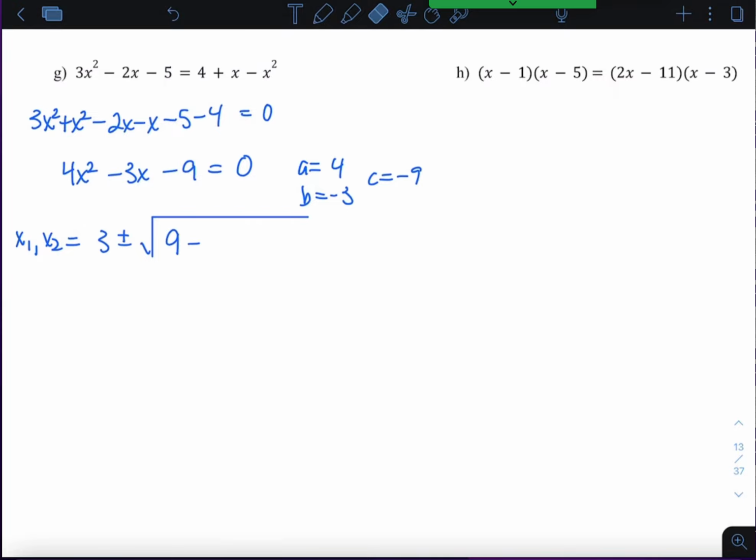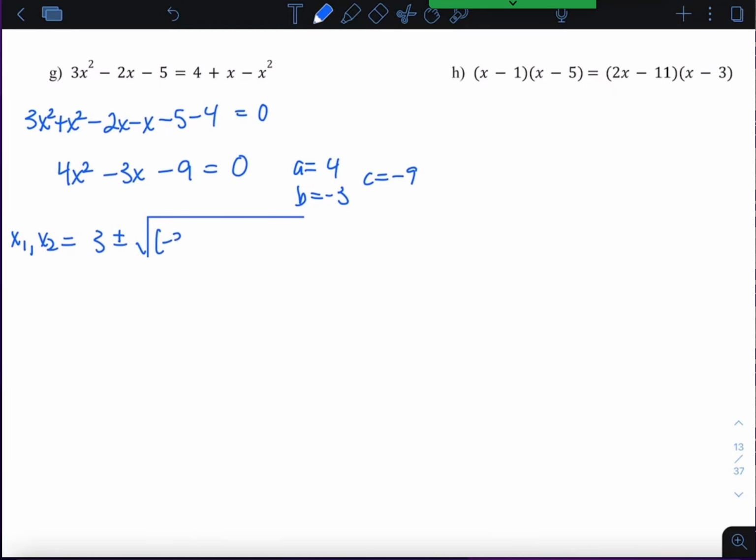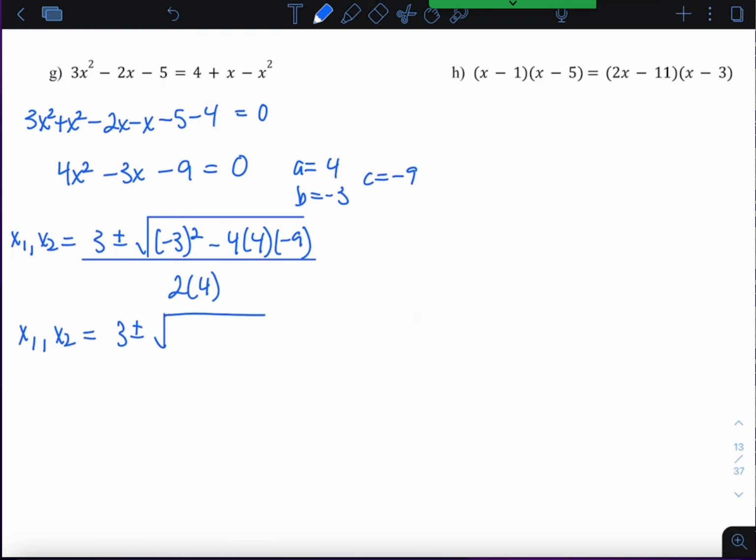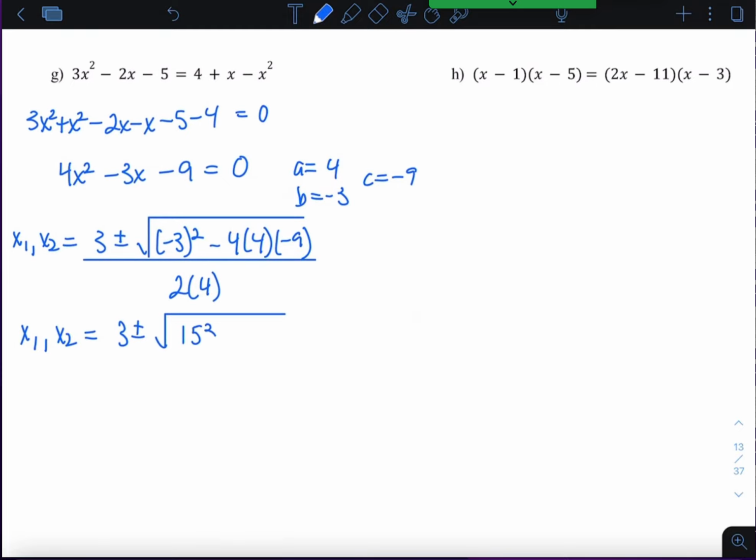Remember, this is negative 3 in brackets, all squared, minus 4ac over 2a. x1, x2 is 3 plus or minus the square root of 9 plus 4 times 4 times 9, which is 144. So I get the square root of 153 over 8.